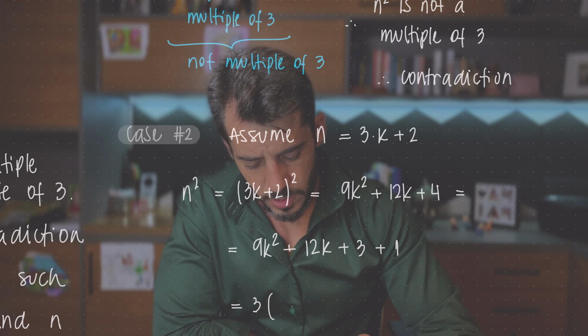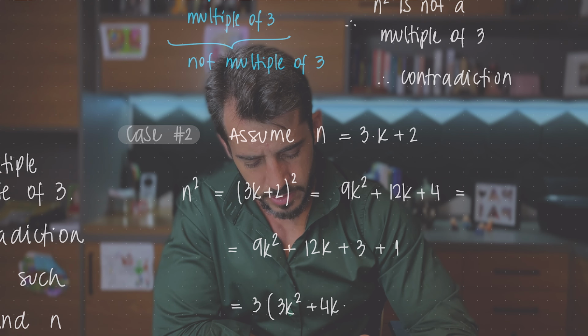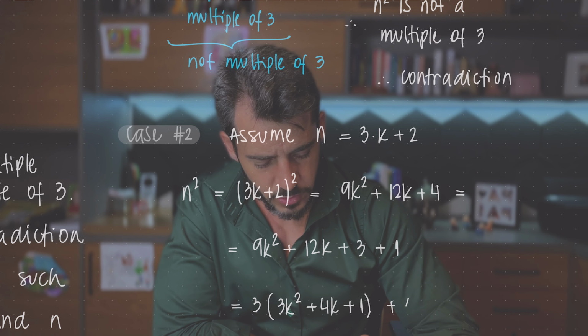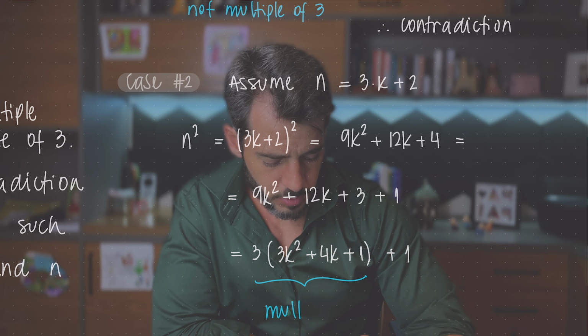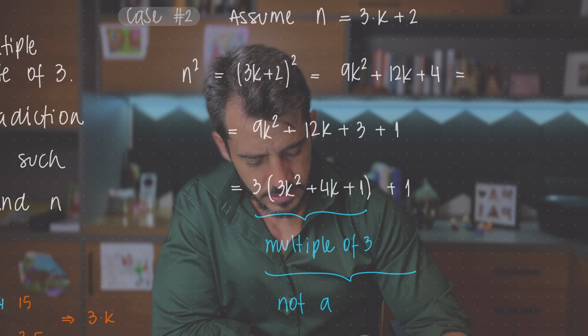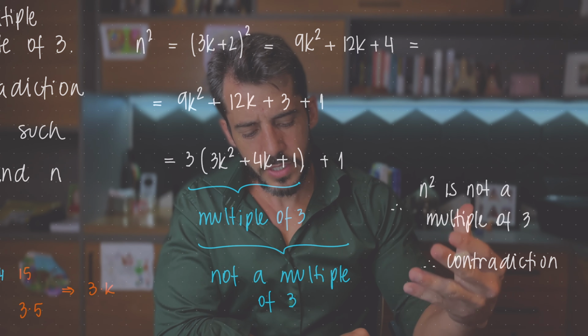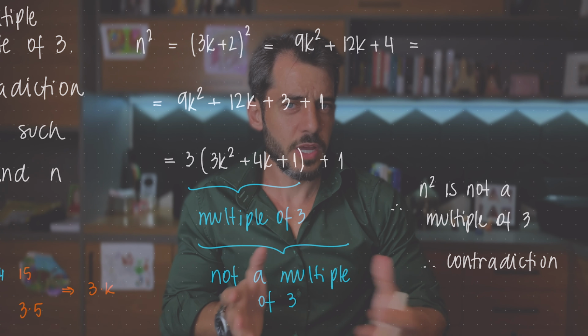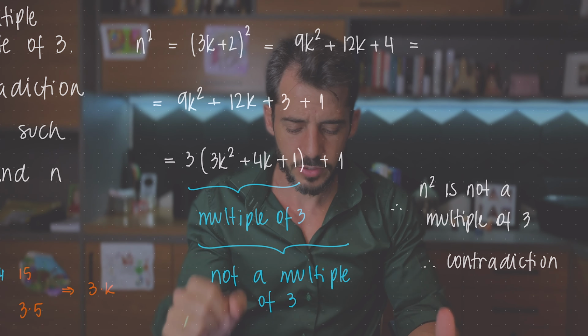So we have 3 times (3k squared plus 4k plus 1) plus 1. Again, we have a multiple of 3, and when you consider the plus 1, this is not a multiple of 3. So for the same reason, n squared is not a multiple of 3, therefore we have a contradiction in both cases, in both scenarios.